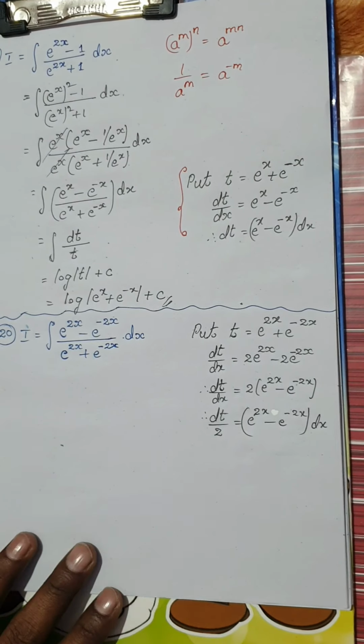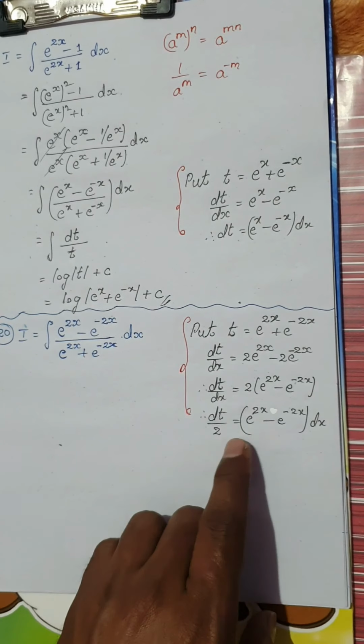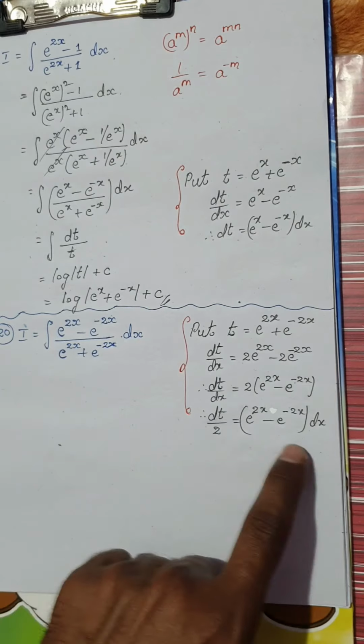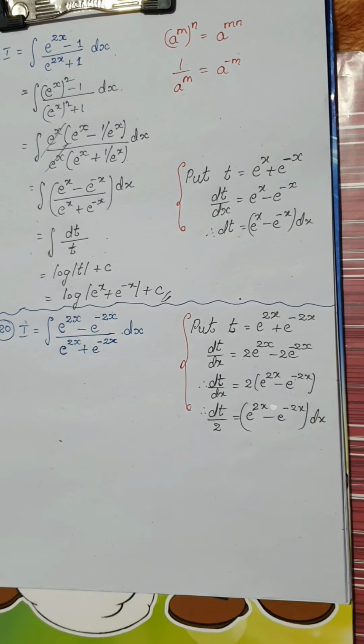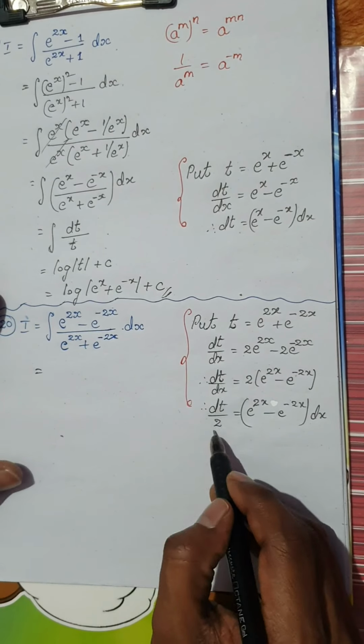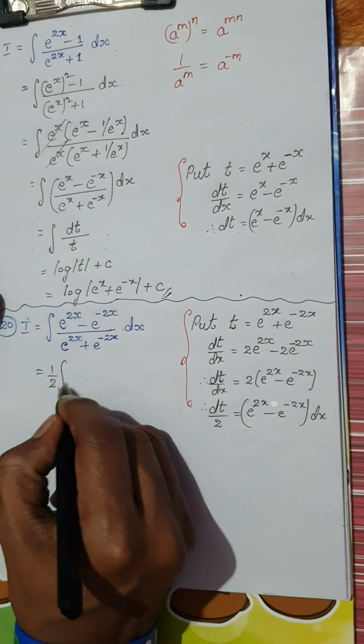Is it clear? So this is the substitution part. Whatever we have been given, we have written in dt by dx form. So see what happens to the integral. Now I have dt by 2, so I will keep that constant 1/2 outside.